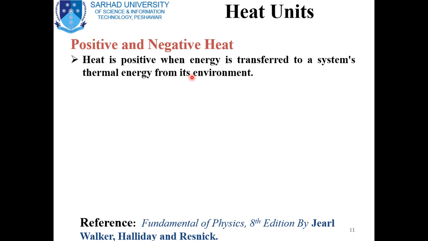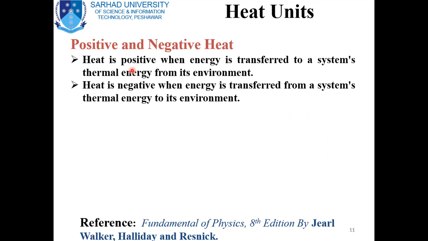Heat is positive when the energy is transferred to a system's thermal energy from its environment. That is, when heat is added from the environment to the system, then that heat will be positive. And heat is negative when energy is transferred from a system's thermal energy to its environment.